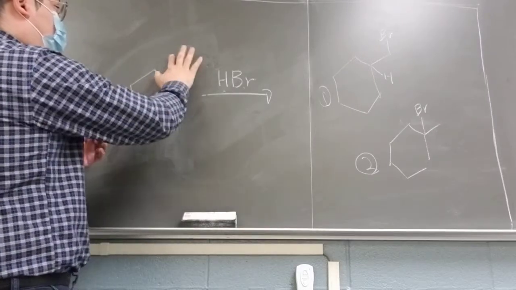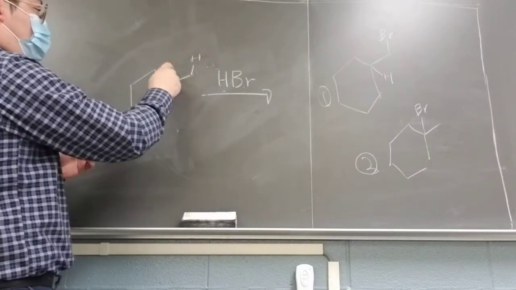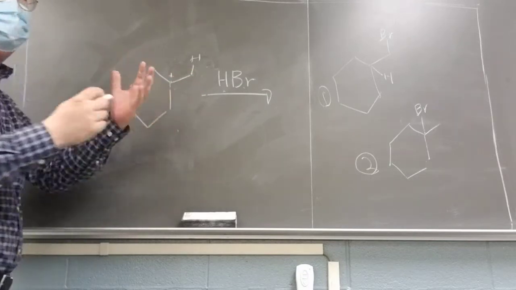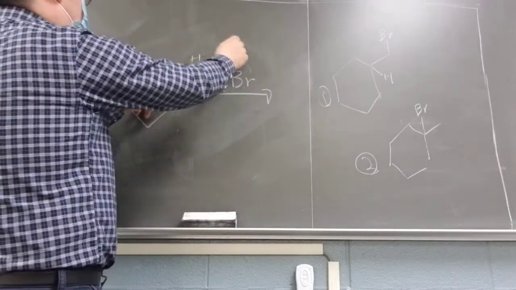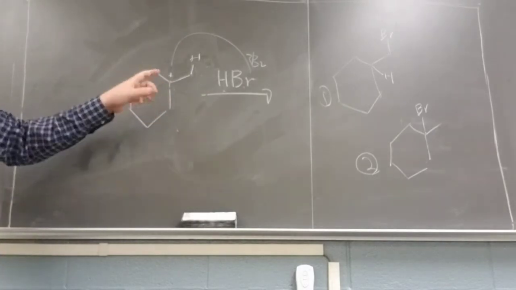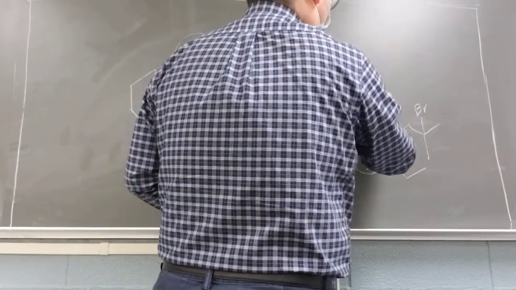So they're actually going to put this hydrogen on the end. Then you have a carbocation position on this carbon, which has 3 carbons around it, so it has a higher carbocation stability. Then the bromine anion comes in to attack. So this is the better option here.